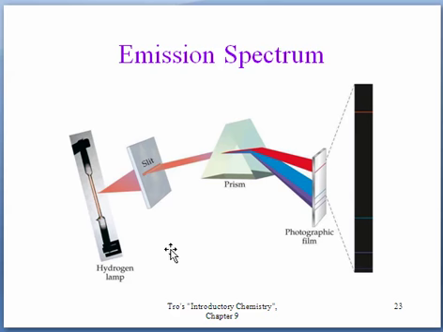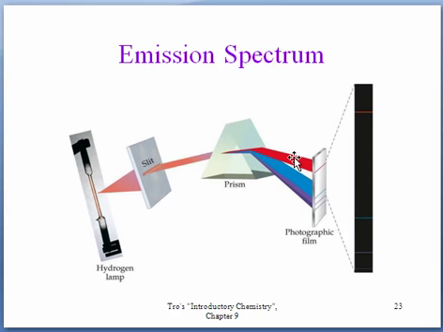The atom gains energy from this electricity, and when it does, it then releases the energy in the form of electromagnetic radiation. And here we have the visible light spectrum, but only in very specific wavelengths. And this is what's known as a line spectrum, because the colors that are emitted just show up as lines.